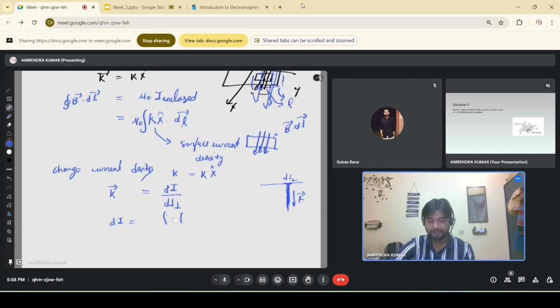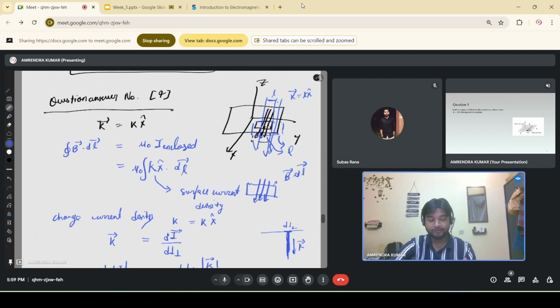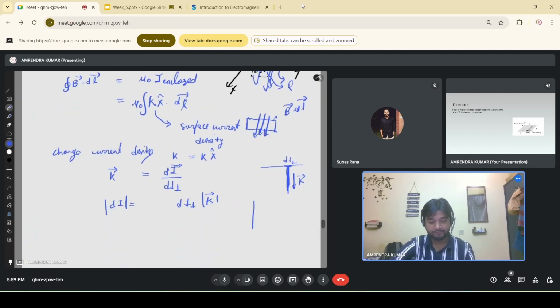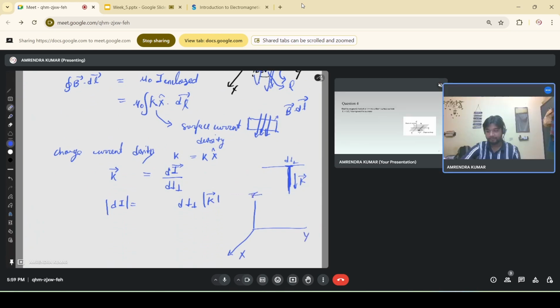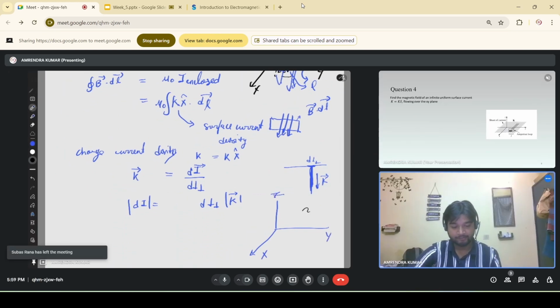Okay, now let's say it's a vector. So mod of I will be dl perpendicular mod of K. So in our case, what is happening here is that this is the x, this is the y, and this is the z, and we have a plane here. Sorry, this is the plane, the xy plane.